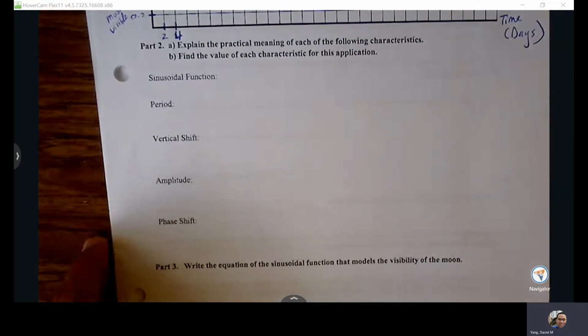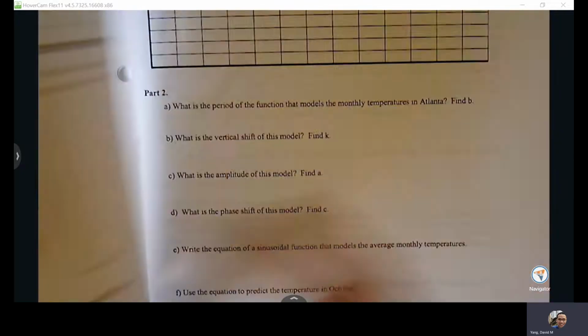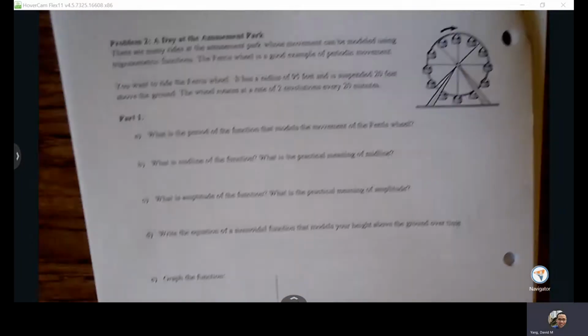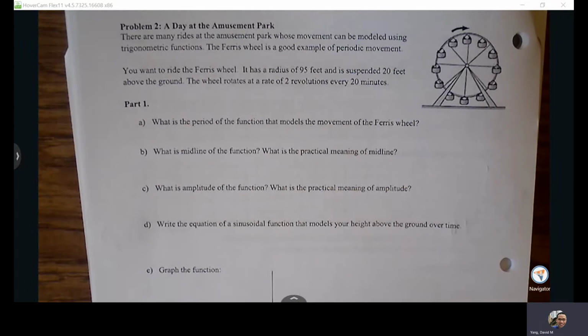Okay, any questions? Yeah, I'll spend another minute on this page. But for those of you who are finished, go ahead and turn to page 30 and read the problem and see if you're able to start gathering some information.